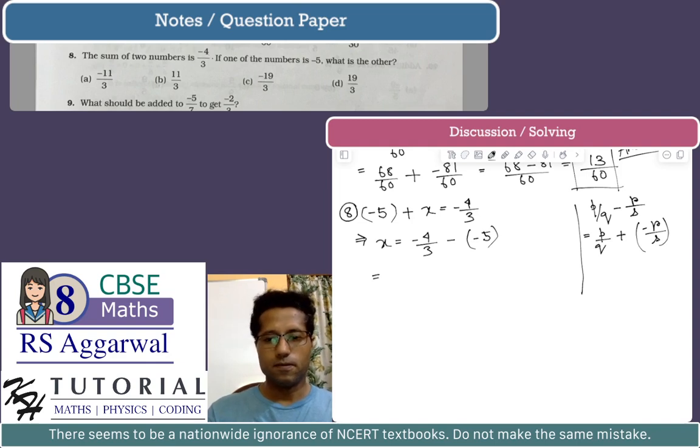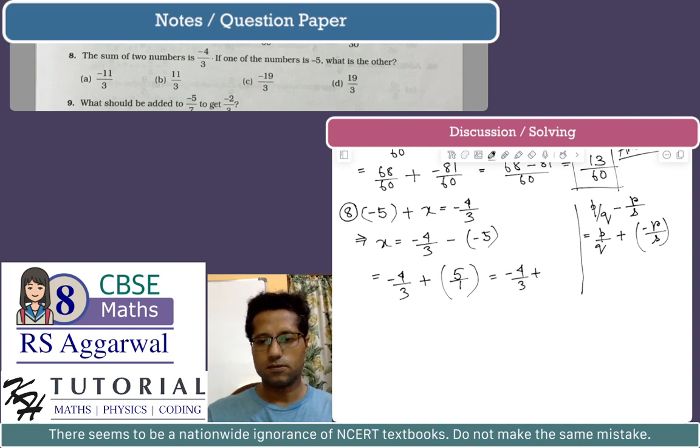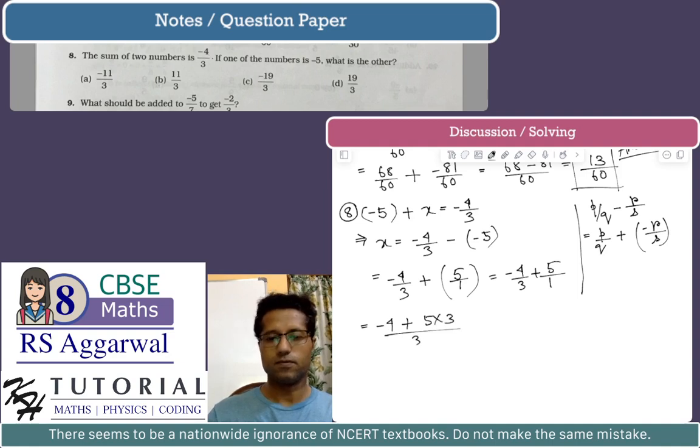So this will be minus 4 by 3 plus the additive inverse of minus 5, that is 5 by 1. So this is equal to minus 4 by 3 plus 5 by 1. So this will be equal to minus 4 plus 5 into 3 divided by 3.